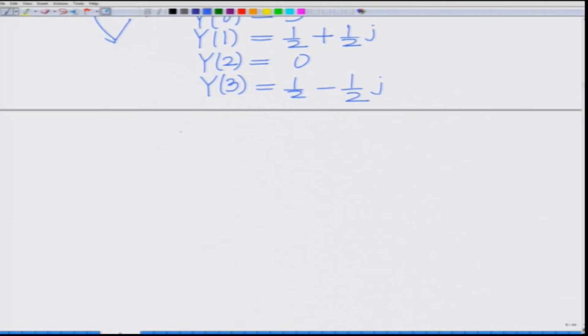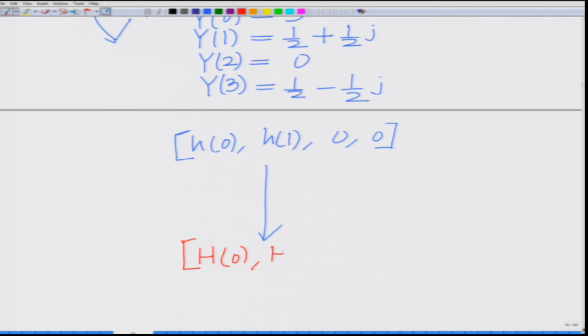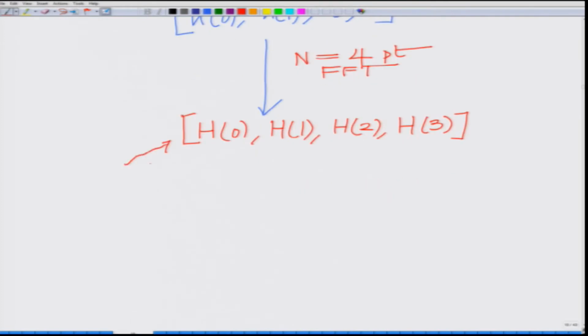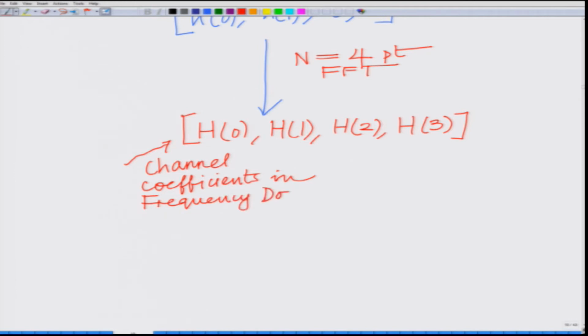So, you have your H0, H1, you pad them with zeros and take the n equal to 4 point FFT, and you get the channel coefficients in the frequency domain.